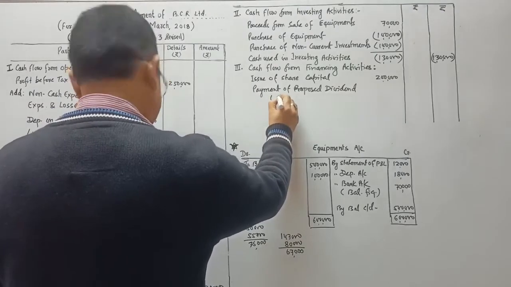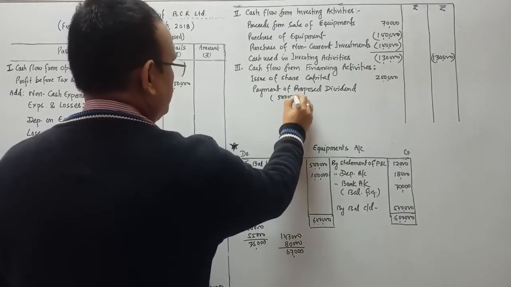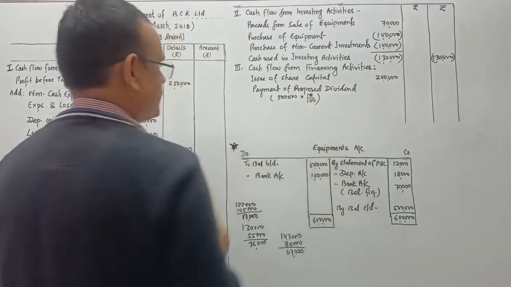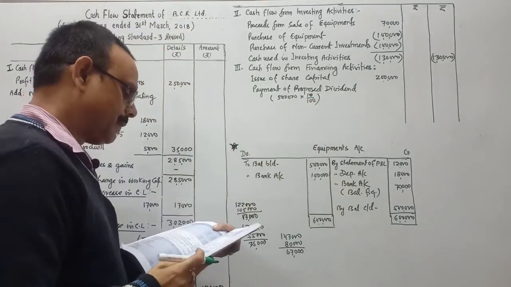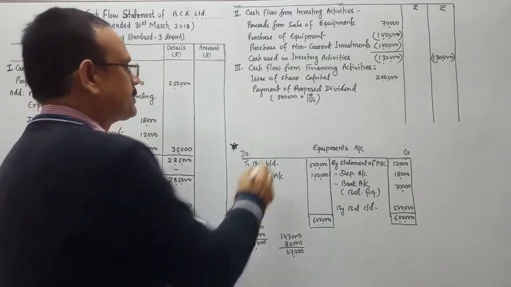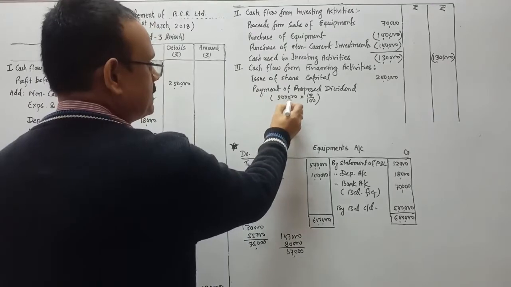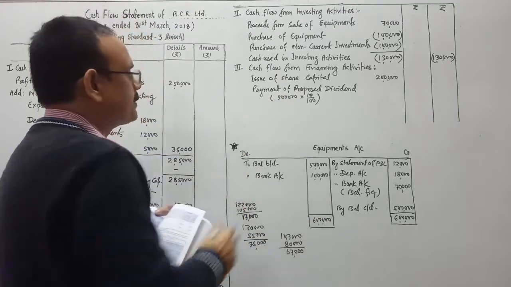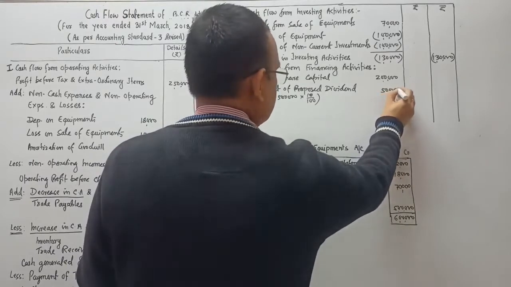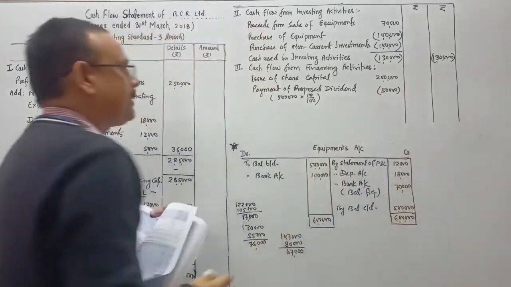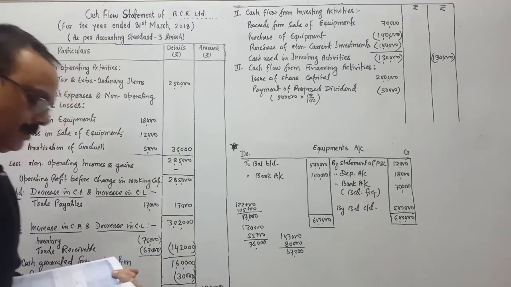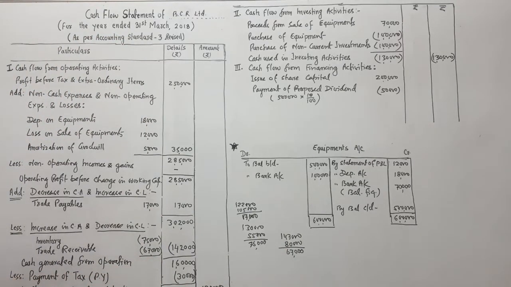In 2017 the proposed dividend percentage was 10%. The share capital previous year was 5 lakhs and 10%, 10 upon 100, so it is 50,000. So 50,000 is the outflow. When we pay the proposed dividend, it's an outflow.